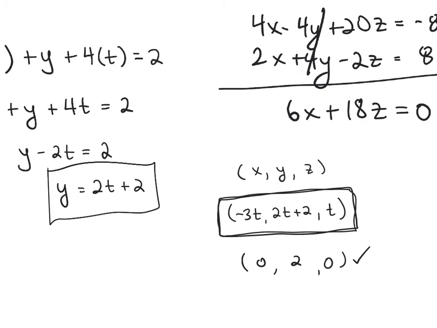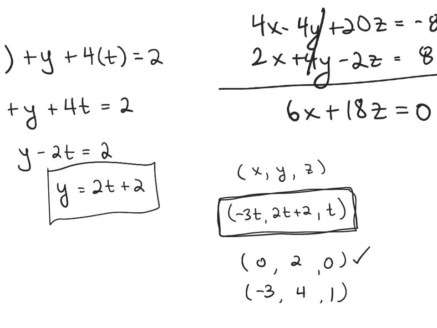If we wanted to find another solution, we just choose a different value for t. For example, if t is equal to 1, then over here t is also equal to 1. 1 times negative 3 would be negative 3. And then here if t is equal to 1, 2 times 1 is 2, plus 2 is 4.